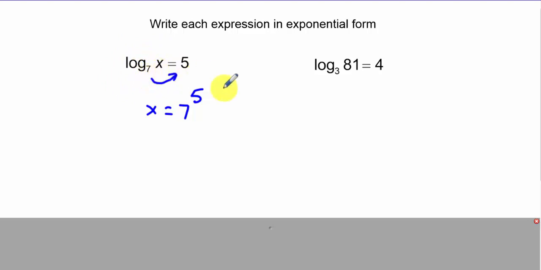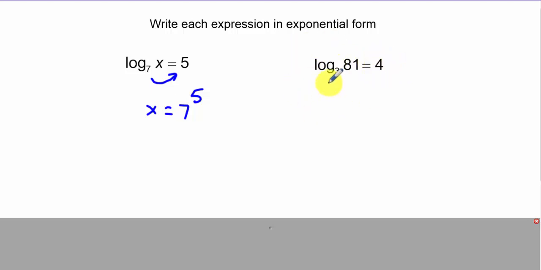Now, here's a form where I have three numbers, and it's different than the others because all the others had some variable in it. Now, when I slide the base here, this says log base 3 of 81 is equal to 4.